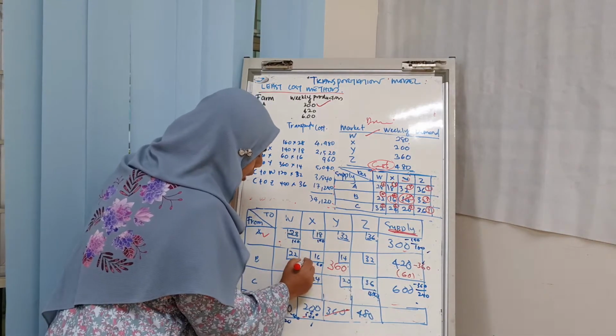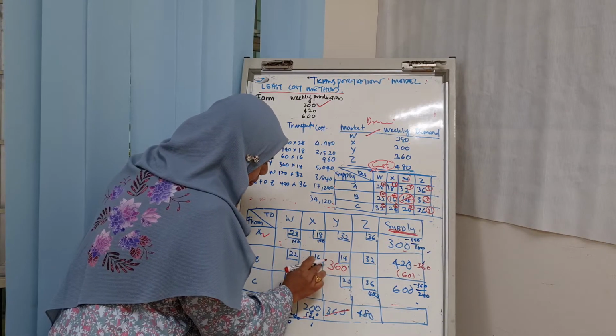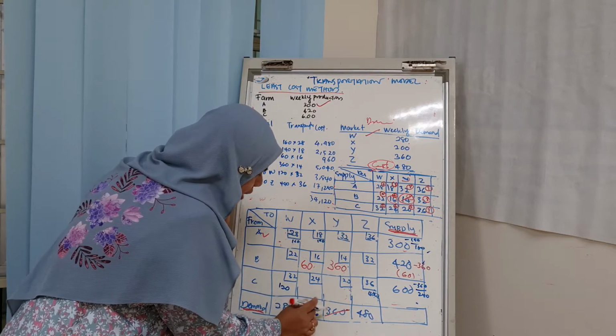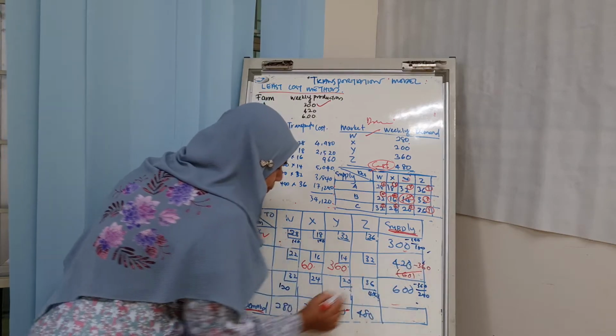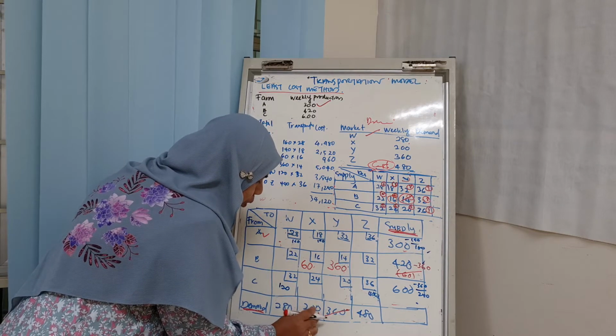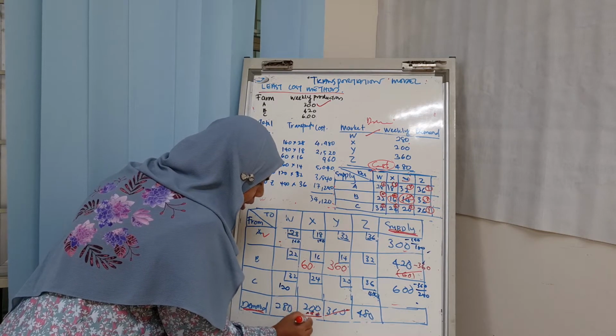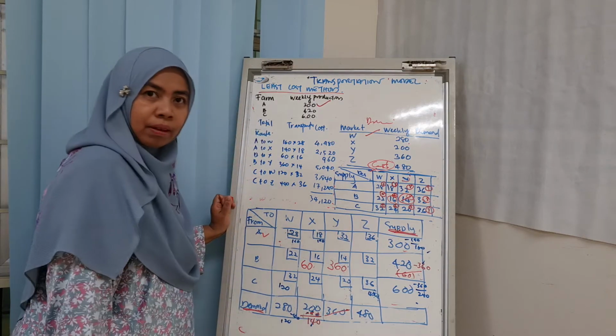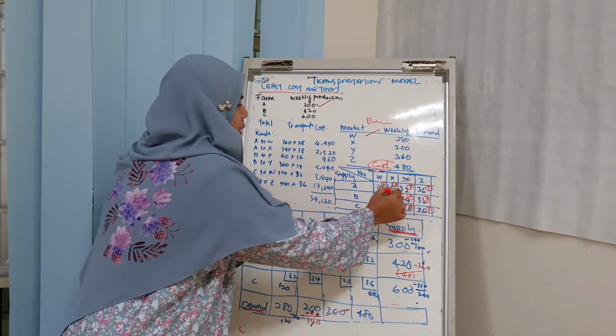So just put 60 here. This one is finished already, so you minus 60, and the balance is 140. So this one is settled.